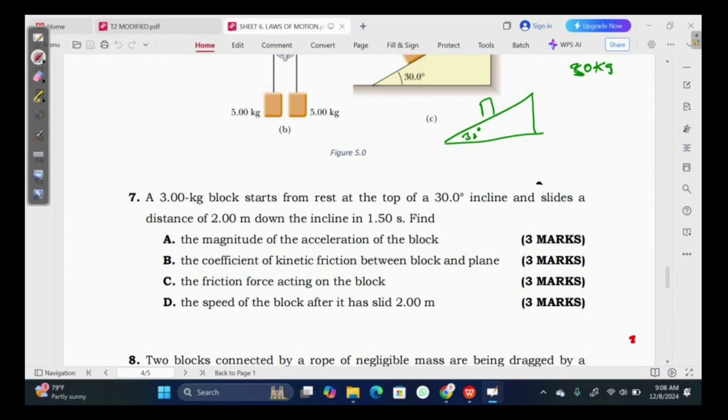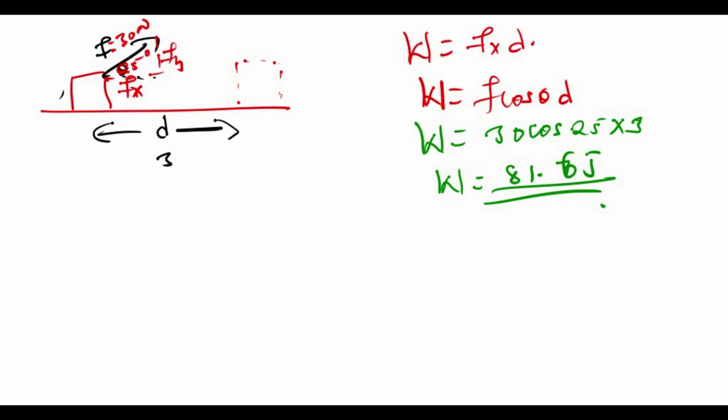Oh, it's 3 kg. Okay. Let me do it from here. I have an incline. So it should be straight here.